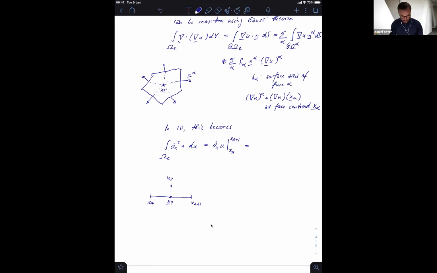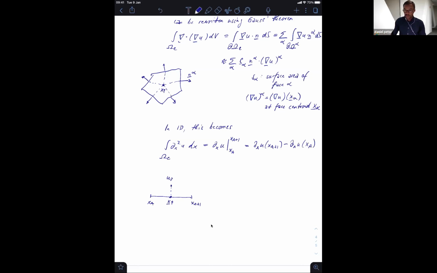So this is just written out: grad of u at position xa plus 1 minus the derivative of u at xa.